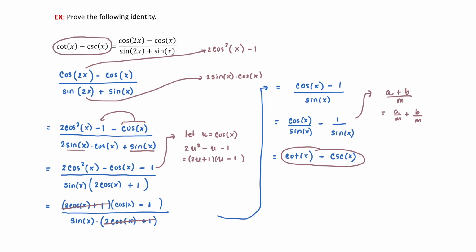So that means that the identity is true. That means that we proved it. We started with the right side. We never assumed equality. We did quite a bit of algebra involving other identities and factoring in the process, and then we ended up beautifully with the other side. So that means end of proof. The identity is true. We're done.